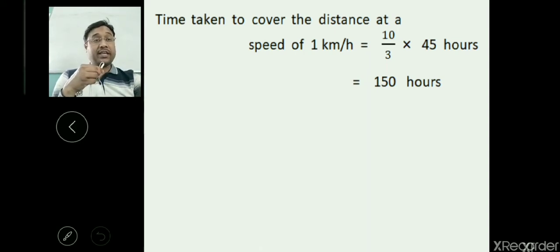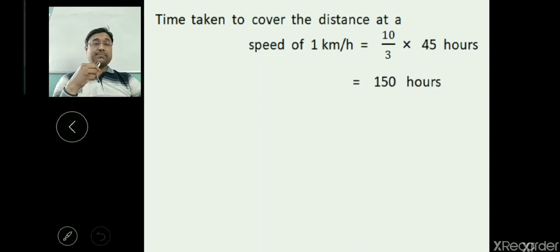For finding this, you will multiply here, because it is an inverse variation between the time taken and the speed.